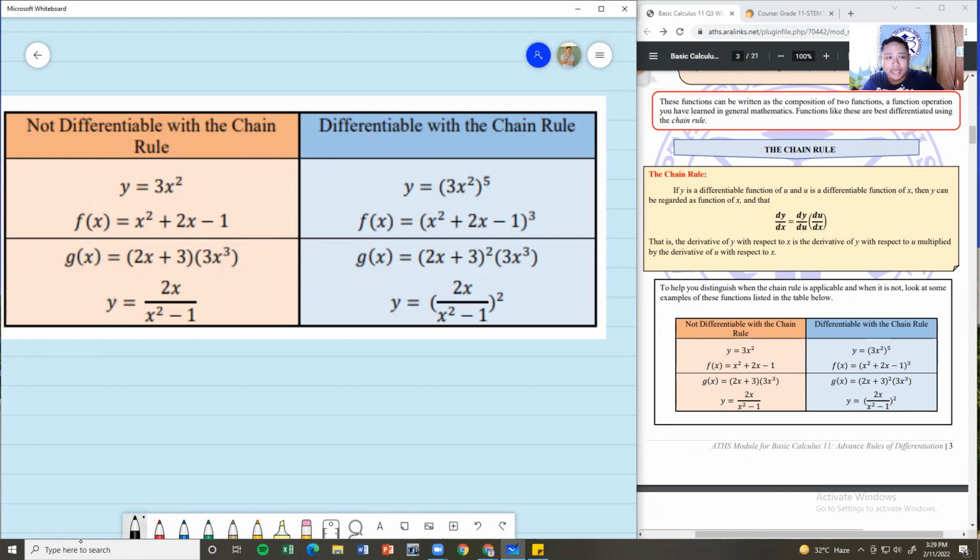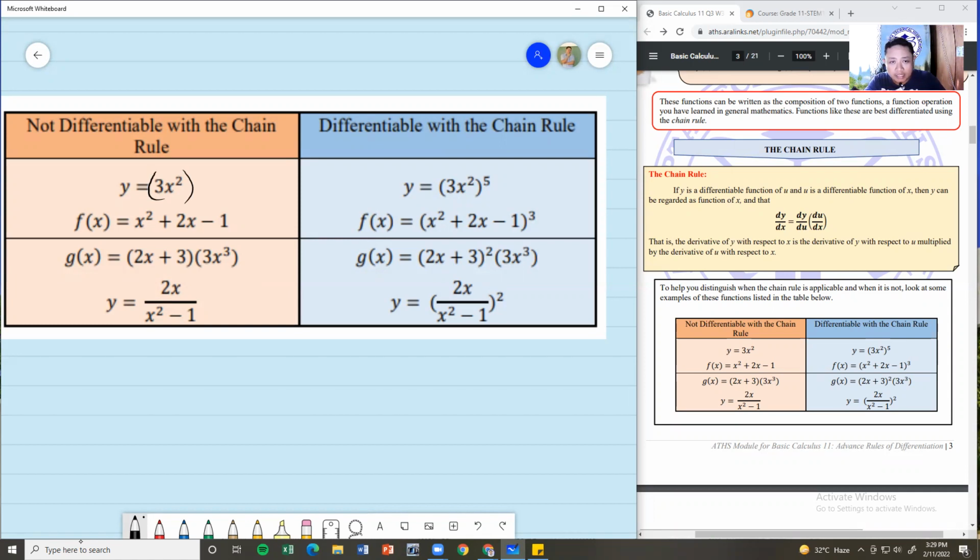But not all given functions are just the same as this. Because sometimes, look at this, from this type of function, they become differentiable by chain rule if and only if the whole term will be enclosed and raised to a specific power.